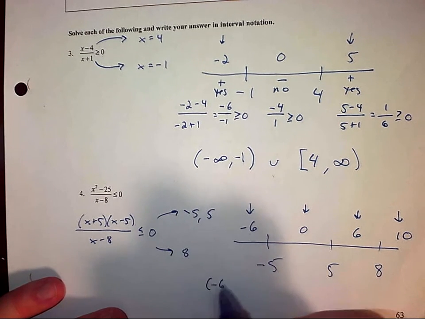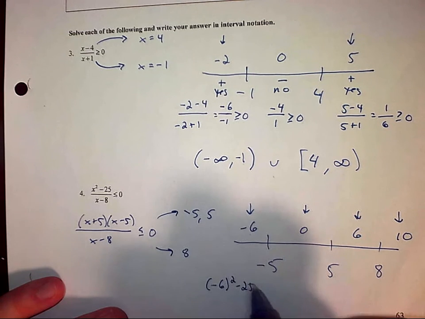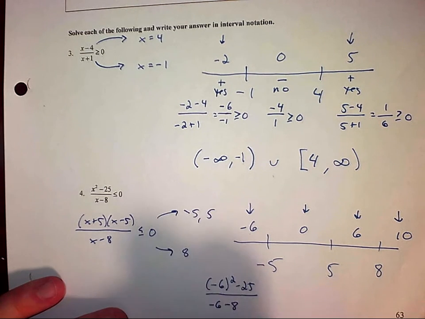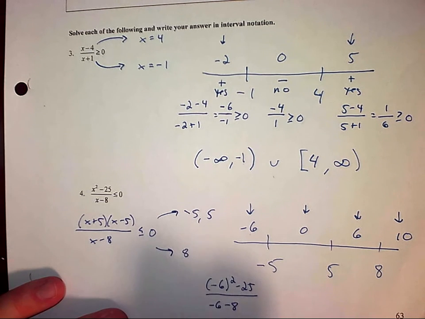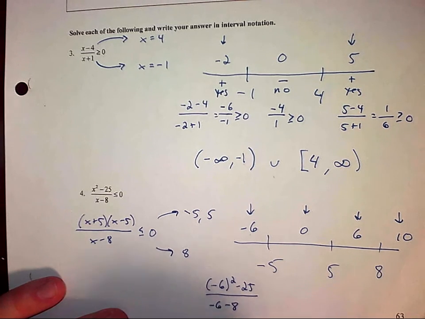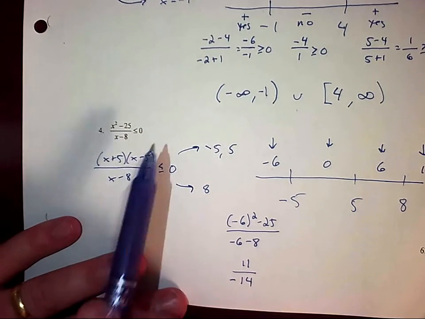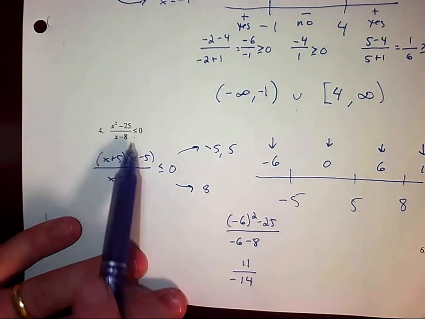We're going to have negative 6 quantity squared minus 25 divided by negative 6 minus 8. That's going to say that this is 36 minus 25 is 11 divided by negative 6 minus 8 is negative 14. Is that less than or equal to 0?